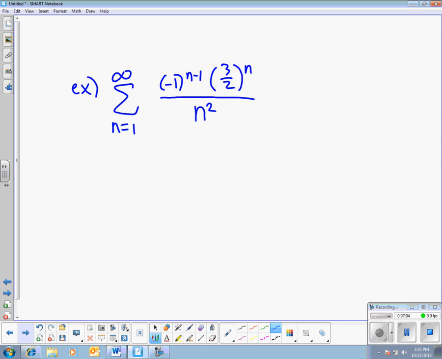So what we need to do is come up with an expression for the n plus first term. A sub n is just this formula right here.